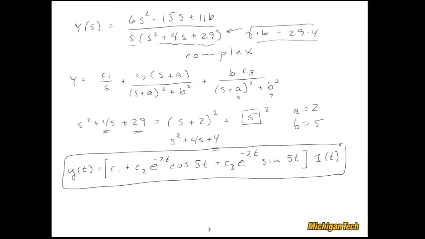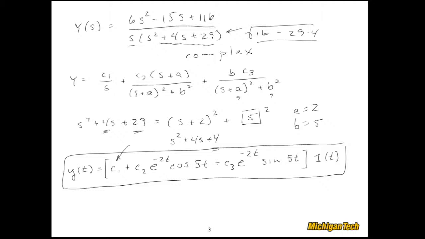Beautiful. I now see the form of the solution. It jumps up with a step of amplitude c1, and then it has a decaying exponential sinusoidal response. Now all I have to do is find c1, c2, and c3.